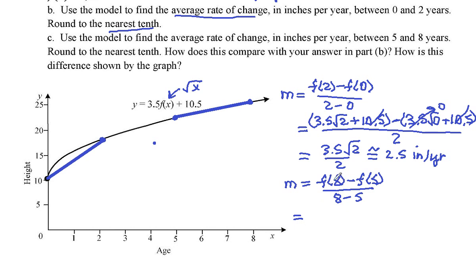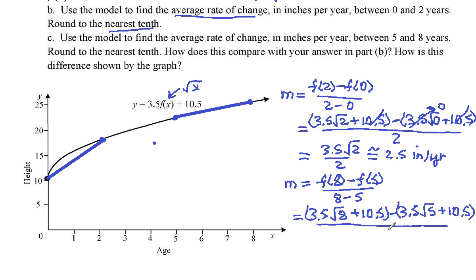So plug 8 into the original function here, so that's going to be 3.5 square root of 8 plus 10.5, and then minus 3.5 square root of 5 plus 10.5, and then divide by 8 minus 5, which is 3.